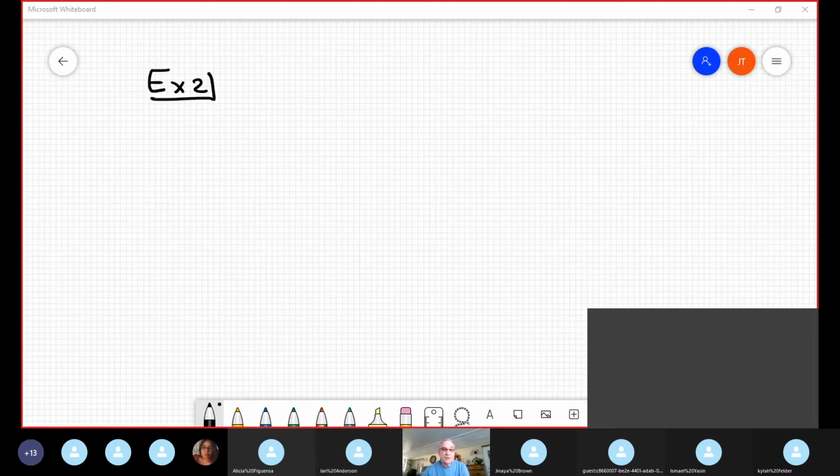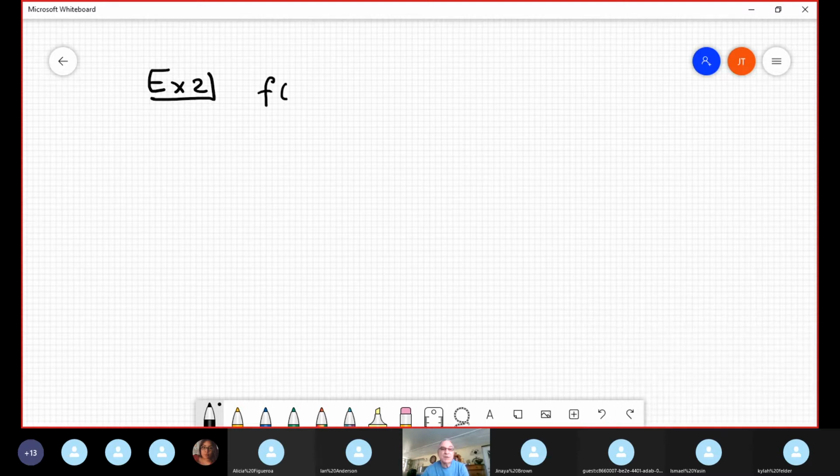Okay, example 2: f of x is equal to 3x squared plus 12x plus 5. My question is, this is a quadratic function.